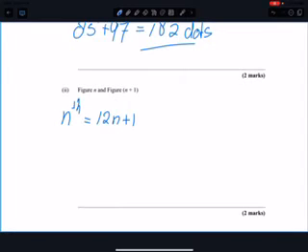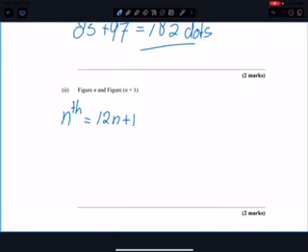The n plus 1 term, that means if I take n as 1, then n plus 1 is 2. Your answer becomes 25 plus 14, something like that.